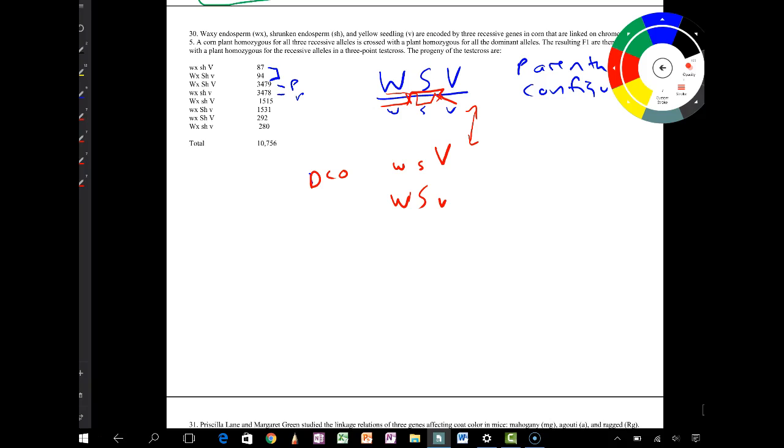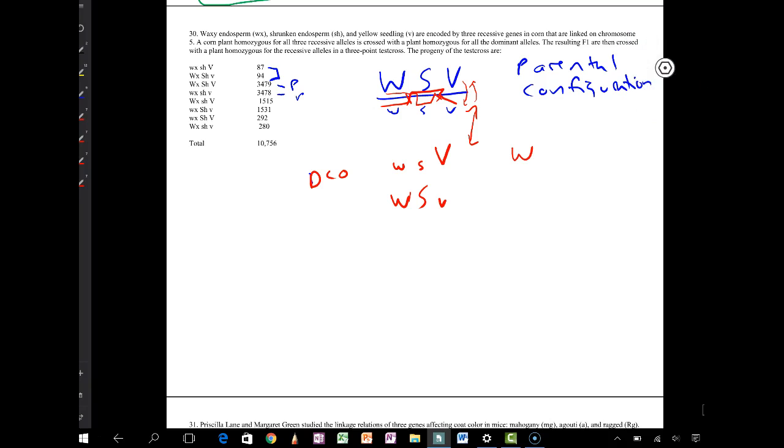And now it looks like if V switches sides, now little w, little s is with big V. So that means that big V and little v switched. So that means V is in the middle. So we can rewrite this as V in the middle.